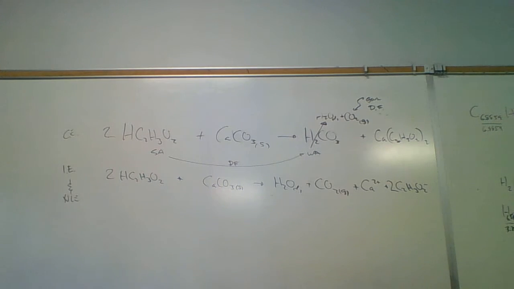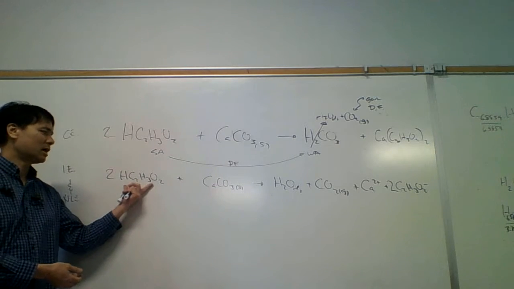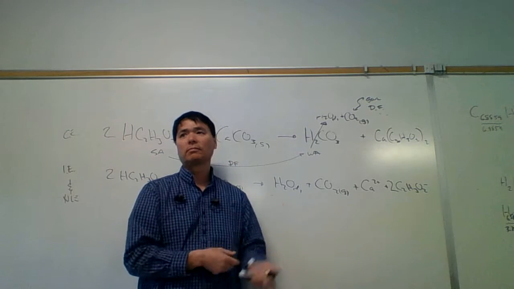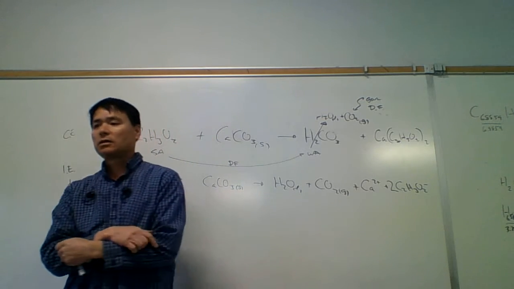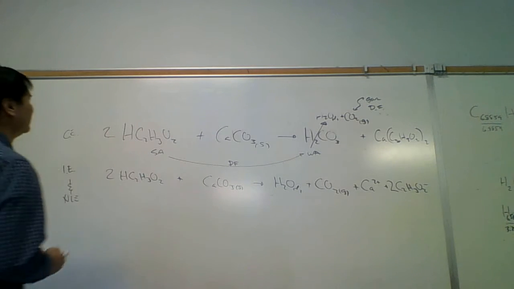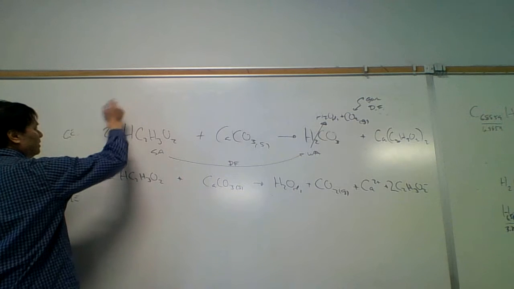Spectators are things that appear on the left and the right, the same thing. So if I had an acetic acid on the left and an acetic acid on the right, I can cancel them out.